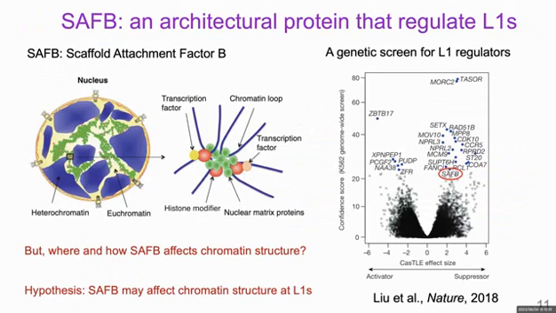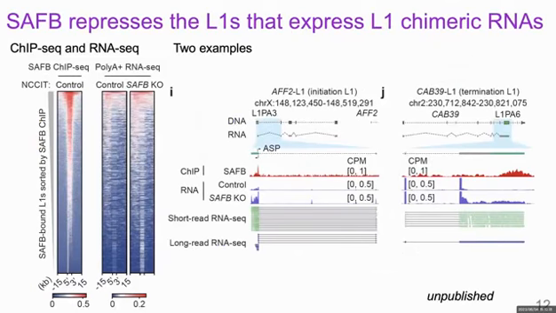To test this hypothesis, we first performed SAFB ChIP-seq, and we identified about 7,000 Line 1 elements that are bound by SAFB. And we found that the SAFB-bound Line 1s are actively transcribed, and SAFB knockout further increases the Line 1 expression. Here are 2 examples. The green box indicates the Line 1 elements.